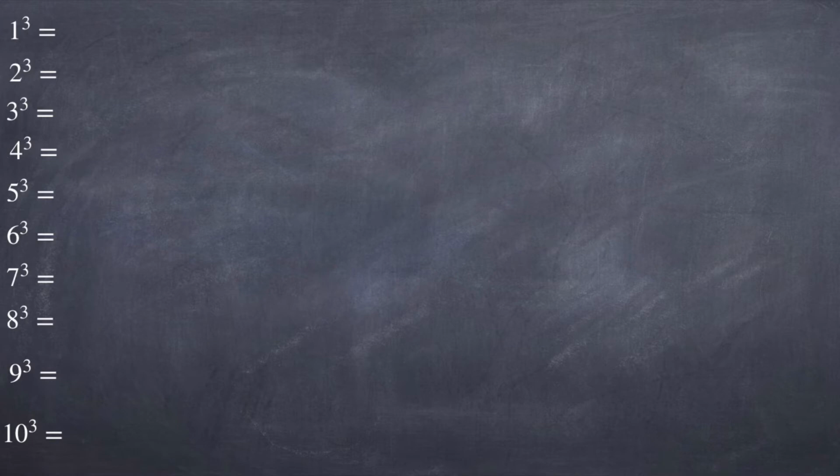And I would advise that you pause the video, calculate your cubes, and start it when you finish. We're going to go over the perfect cubes at least up to 10.